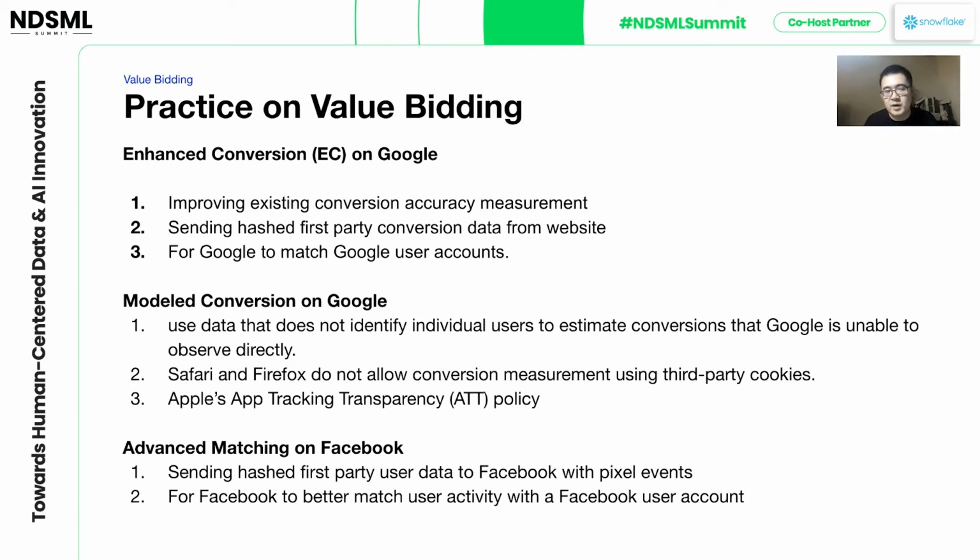Secondly, more on the measurement, is called modeled conversion on Google. As you know, we have a lot of limitations recently, especially after Apple's iOS 14 update. Other than that, we still have some third-party limitations on Safari and Firefox. If we are not able to get the conversion data from those browsers, Google offers an estimate of the conversions.